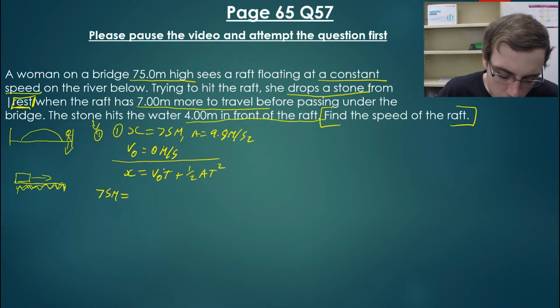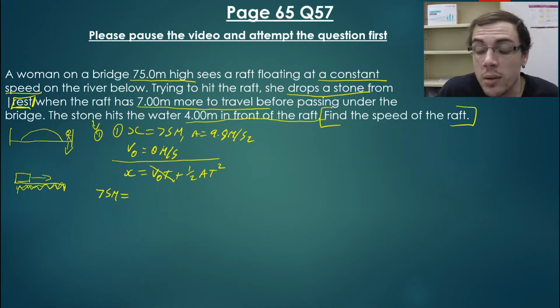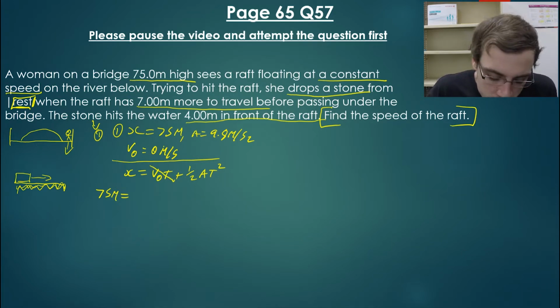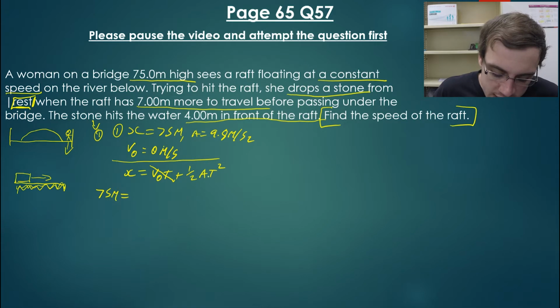That's going to be 0 because it's starting from rest, so that can be eliminated because it's just going to be multiplied by 0. So we have 1/2 of the acceleration. The acceleration is 9.8 meters per second squared times time squared.